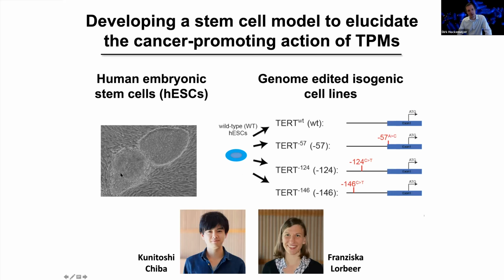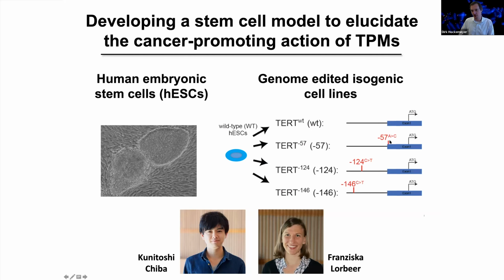We did this by turning to our favorite model system, human embryonic stem cells, and decided to engineer these mutations using CRISPR-Cas9, generating an isogenic panel of human pluripotent stem cells that differ exclusively at the individual cancer mutation. This was actually a really heroic feat of engineering these mutations.